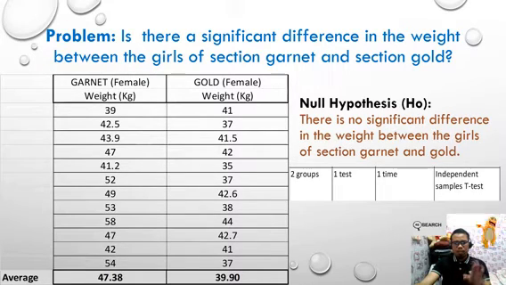So in this problem, there are two groups, section garnet and section gold. The test is the test of their weight. We measured their weight, and it's given once only for each group. That is why we say one time, because it's given once per group. So with two groups, one test and one time, it suggests that we use the independent t-test.